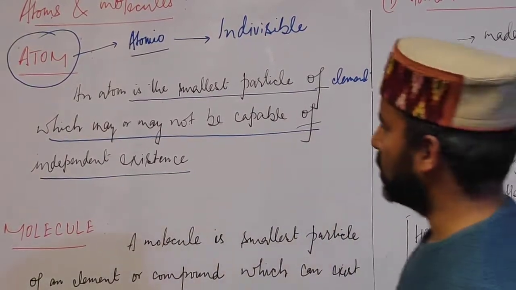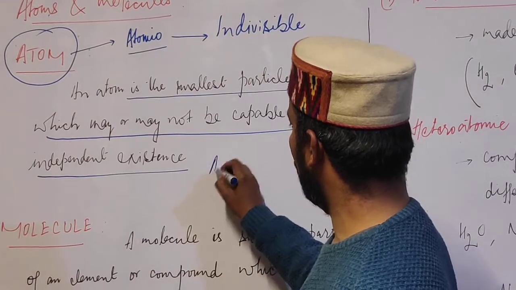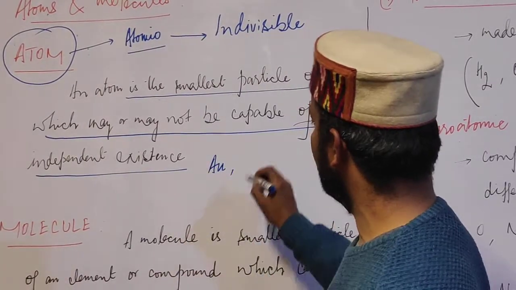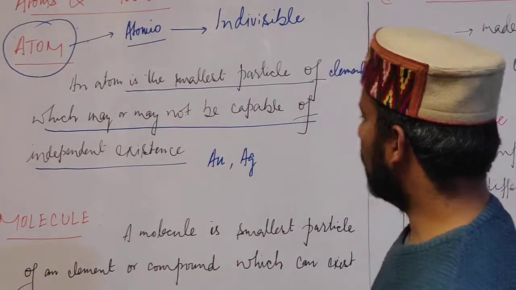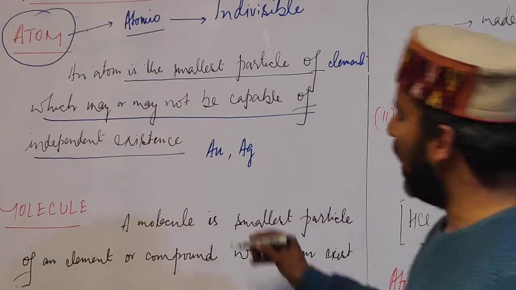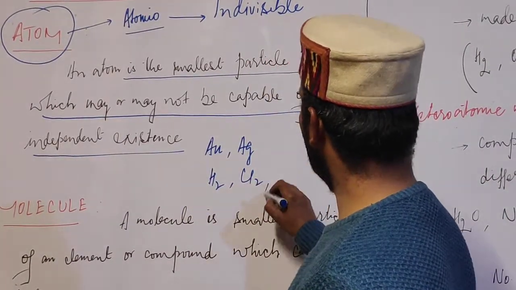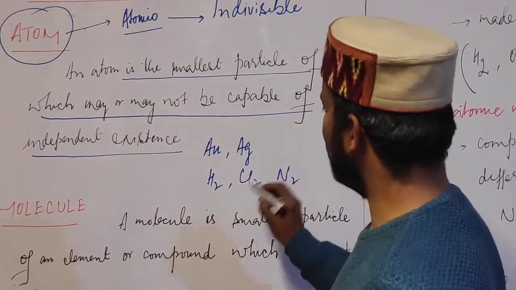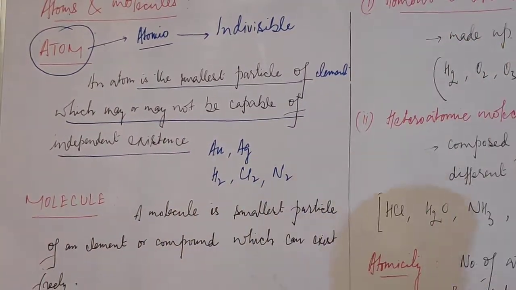Like some atoms can have independent existence, like gold atoms can exist independently, silver atoms can exist independently. But look, there are some atoms which cannot exist independently, like hydrogen exists as H2, chlorine as Cl2, nitrogen as N2. So atoms may or may not have independent existence.